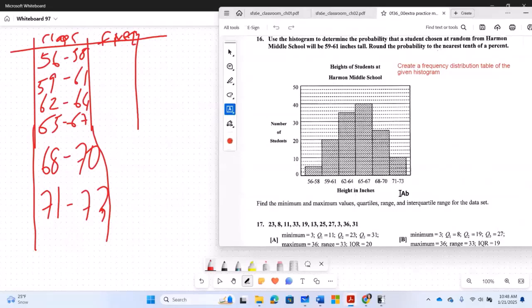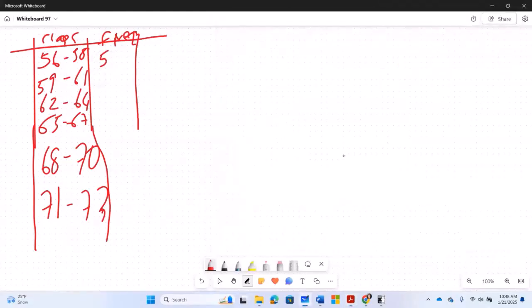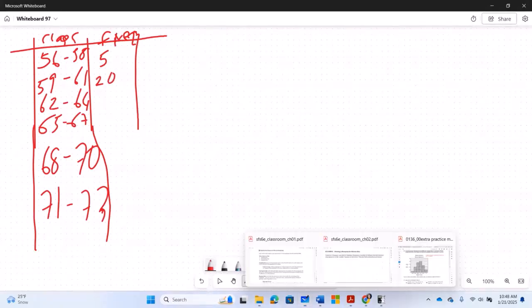Okay. So looking at this data given to me, on the y-axis, reading the scale on the left-hand side, the first class has a frequency of 5. The second class has a frequency of 20.